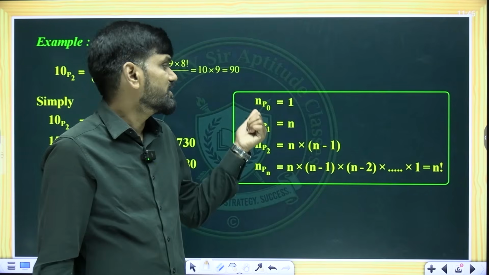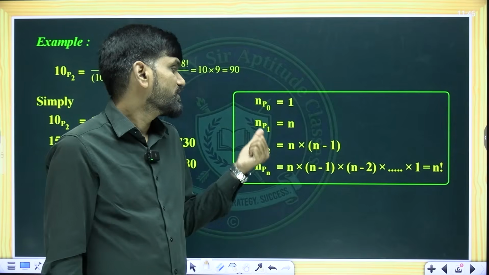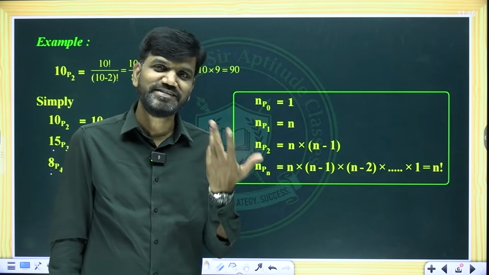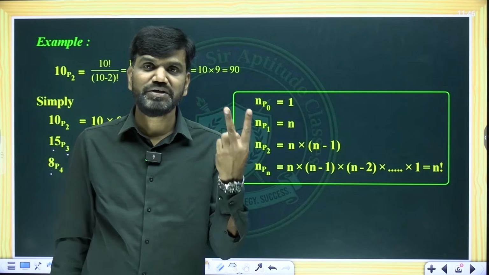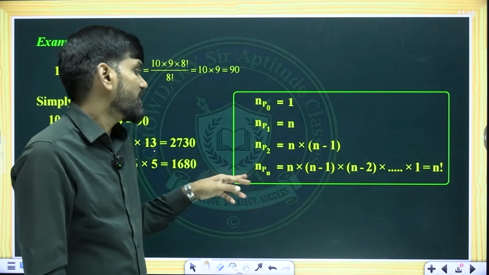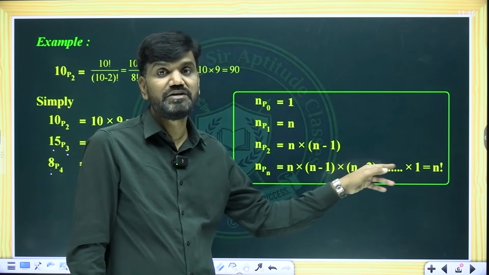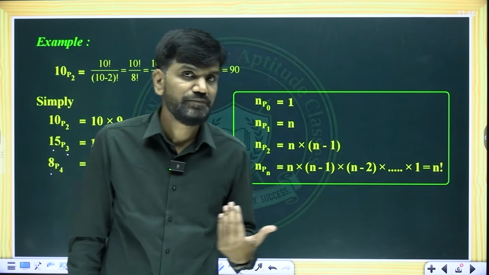As I have already said, NP0 is 1, NP1 is n. NP1 means start with n, write only 1 number, that is n only. NP2 is start with n, write 2 numbers, so n into n minus 1. Likewise, NPN means start with n, write n numbers, which becomes n factorial, as I have already explained.